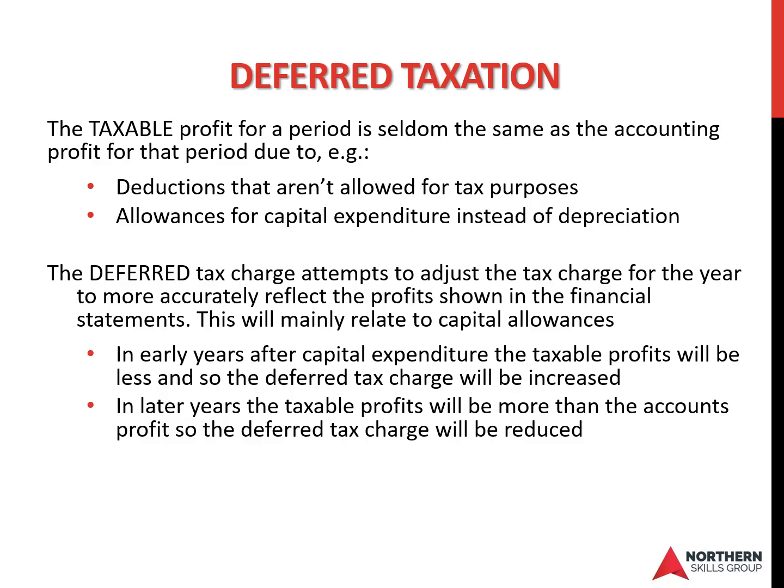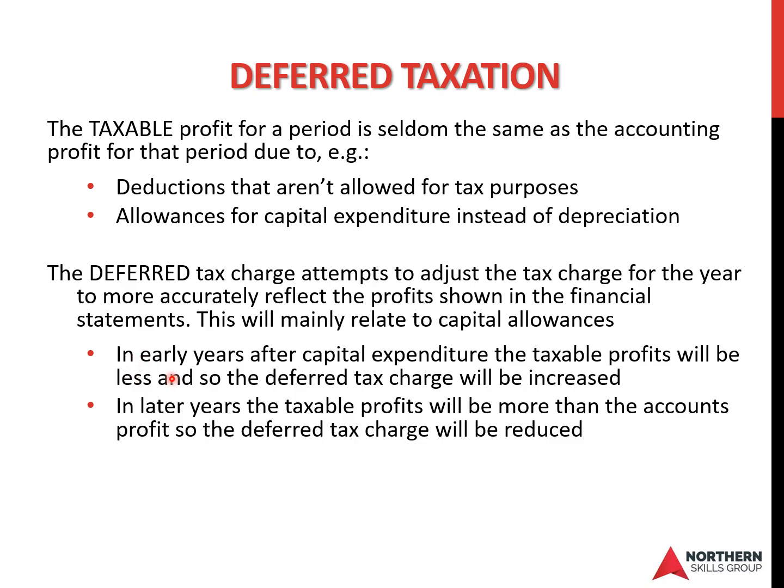Because if you think forward, in later years we will still be deducting some of that capital expenditure in the form of a depreciation charge, but because that capital expenditure was deducted in full in the year of purchase, there will be no deduction in later years for tax purposes. So in later years the taxable profit will be greater than the accounts profit for the year, and the difference really relates to those profits in the early years that weren't taxed at the time.